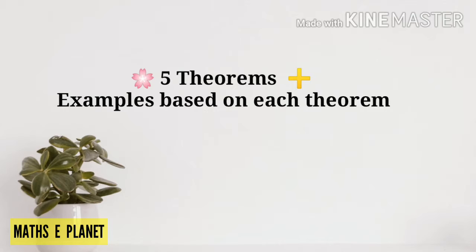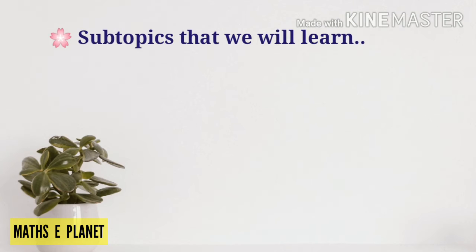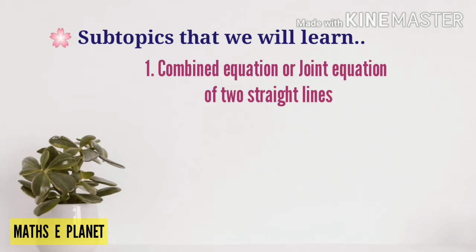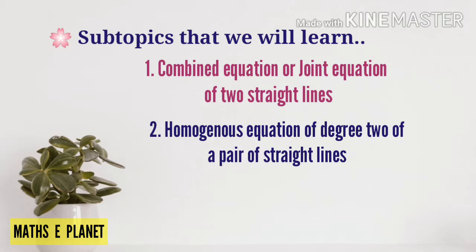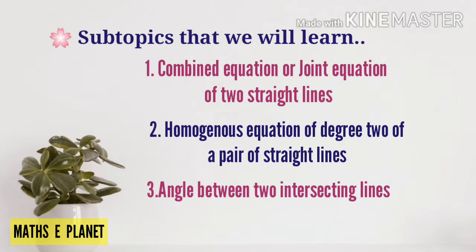Then let's discuss the points which we are going to cover. First point is combined equation of two lines, which is also known as joint equation of two lines. Then homogeneous equation of degree 2 of a pair of straight lines. Then we are going to discuss angle between two lines.